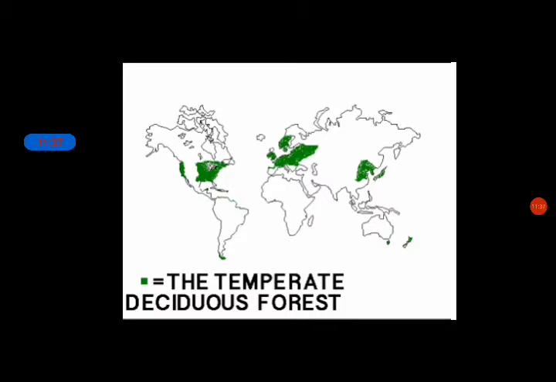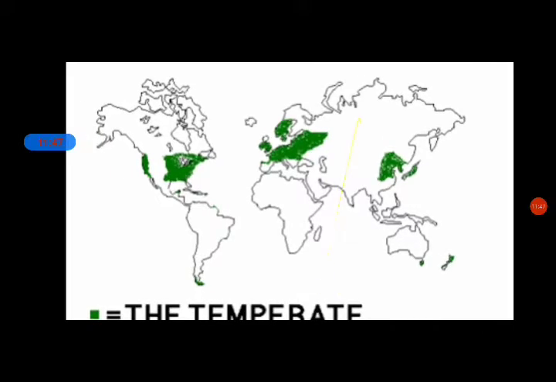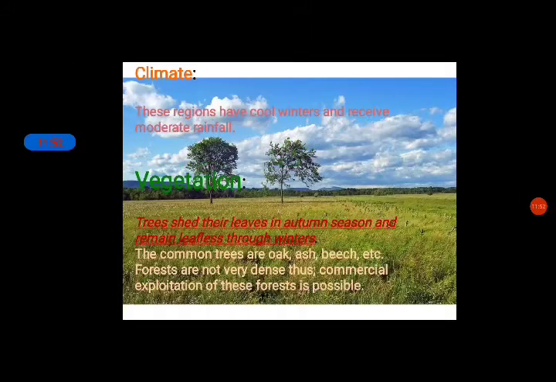Now we will discuss the temperate deciduous forest. Students, you can see in this map where you can find the temperate deciduous forest. Students, these regions have cool winters and they receive moderate rainfall.